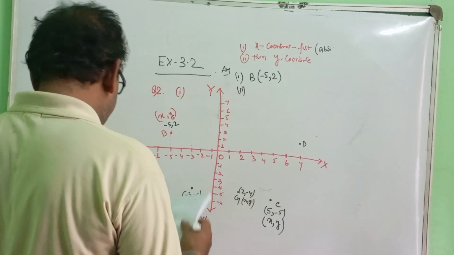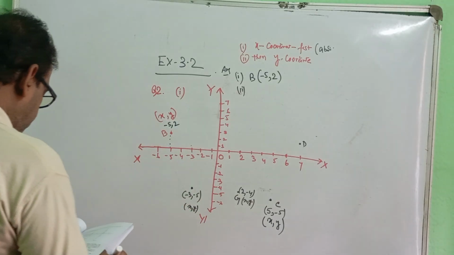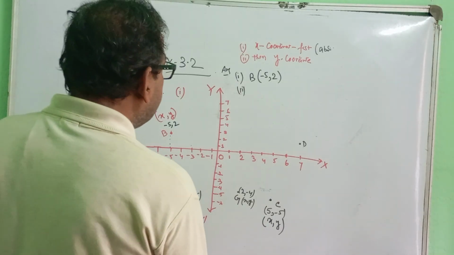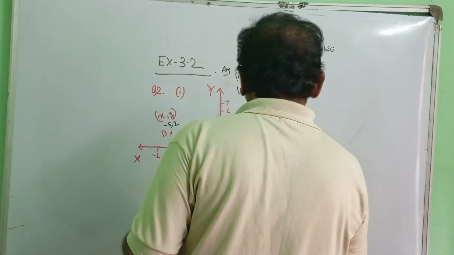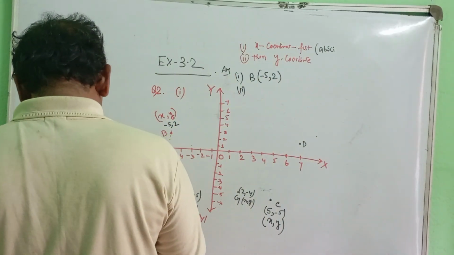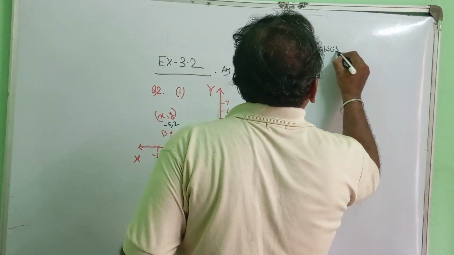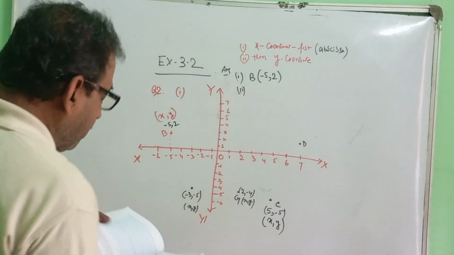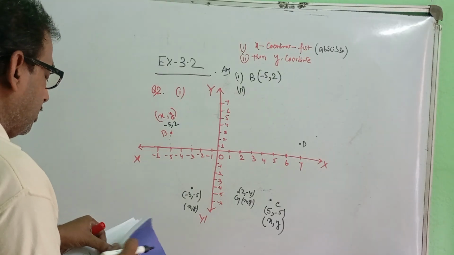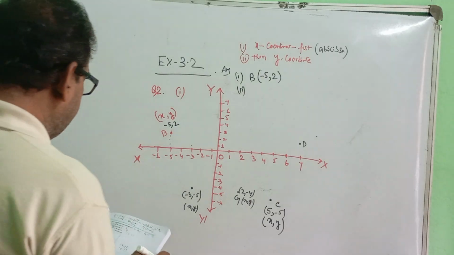This is abscissa. So what is abscissa? The coordinate of the x-axis.